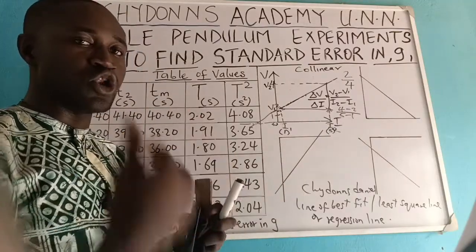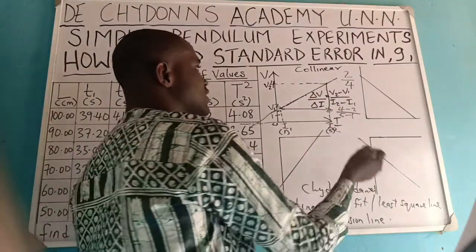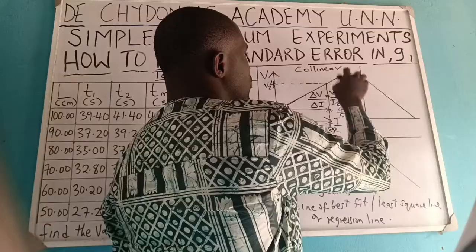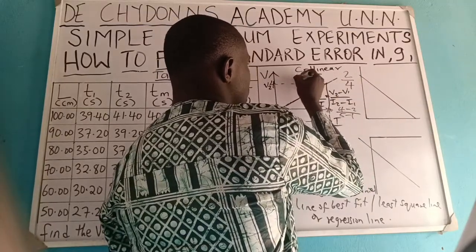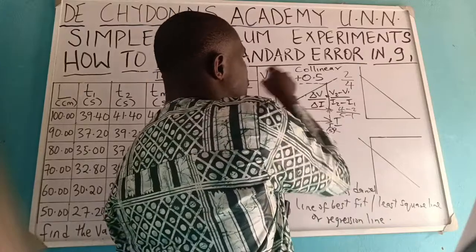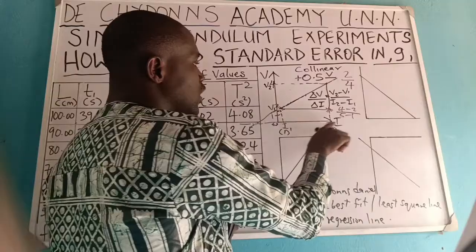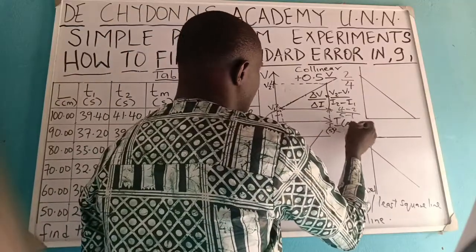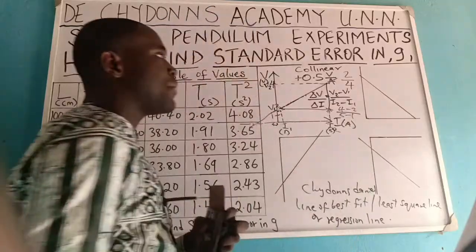That gives you your slope. In this case, the slope is positive. That means 2 over 4 will be giving you 0.5. The unit of V, you write it all over the unit of I, which is ampere. This one is volt, all over ampere.